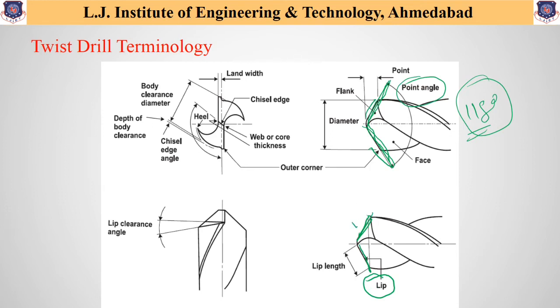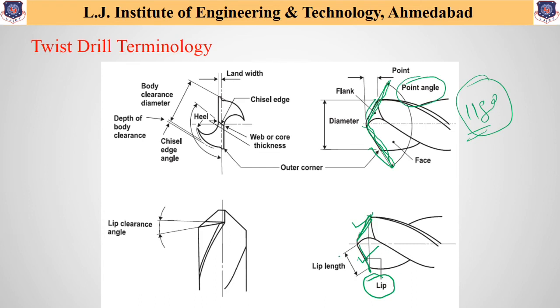As you can see, there are two lips, and they are equally inclined at 5 degrees with the drill axis for general work. It varies, but mostly in general cases its inclination is 5 degrees. And as one can see, these lips help to form the point angle.